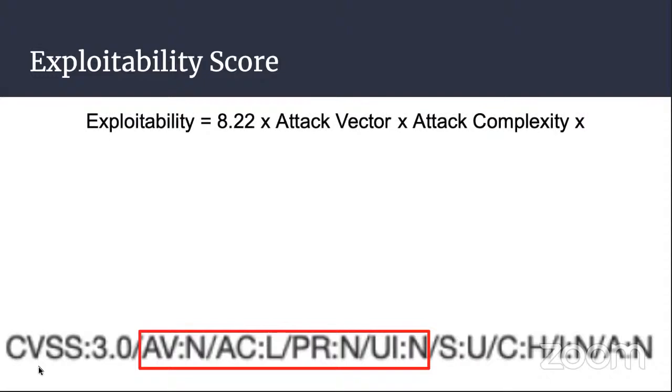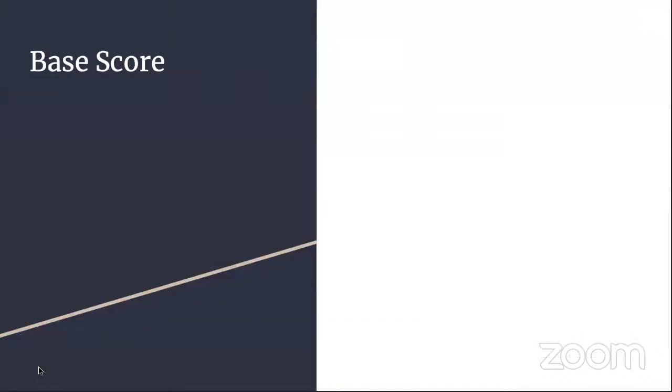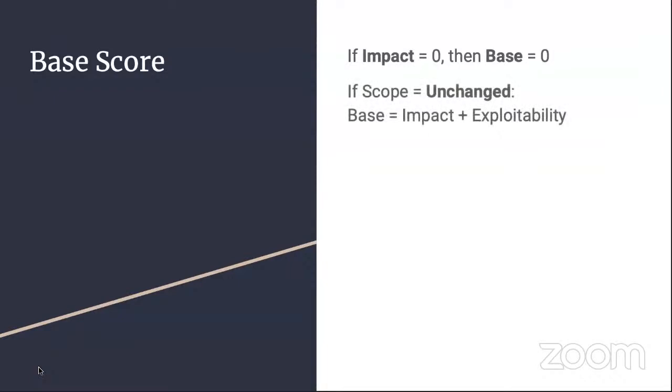The exploitability score is all of this. And that's 8.2 times the attack vector times the complexity times the privileges required times user interaction. Or something more like that. So if the impact is 0, then the base is 0.